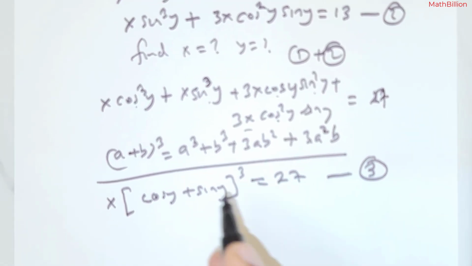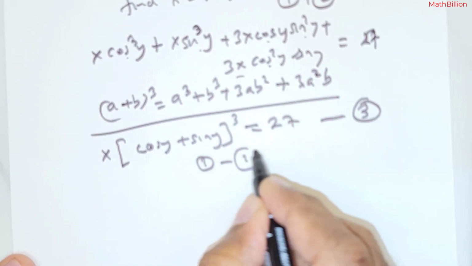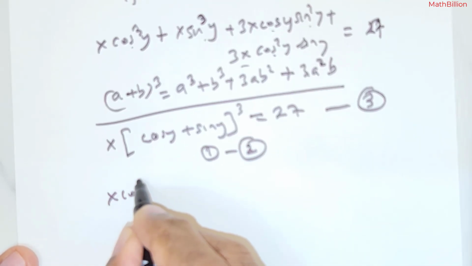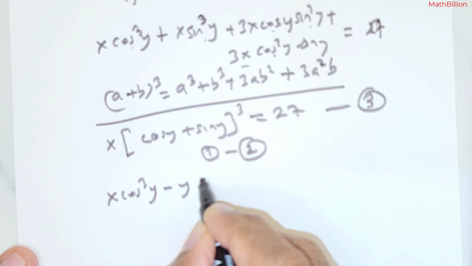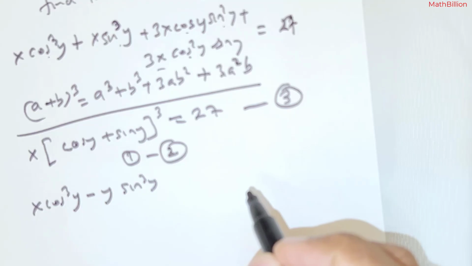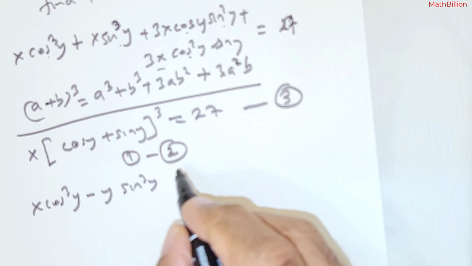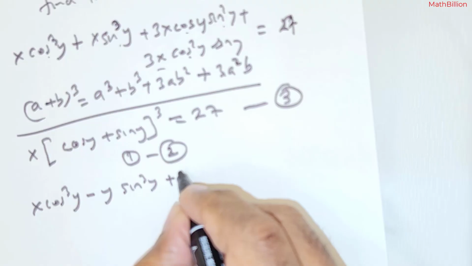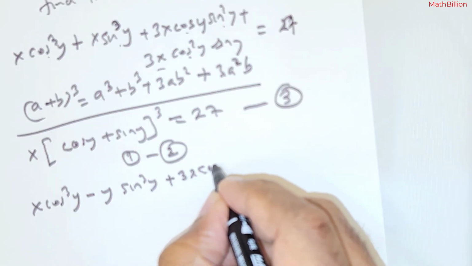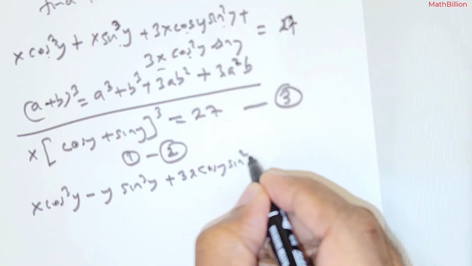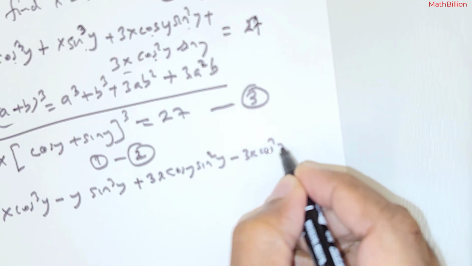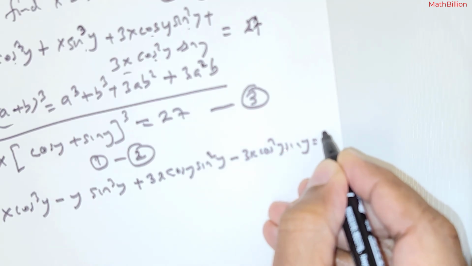Fair enough. Now you subtract 1 minus 2. So this would give me x cos cubed y minus x sin cubed y, followed by plus 3x cos y sin squared y minus 3x cos squared y sin y is equal to 1.